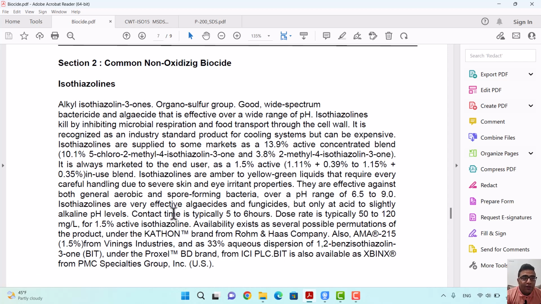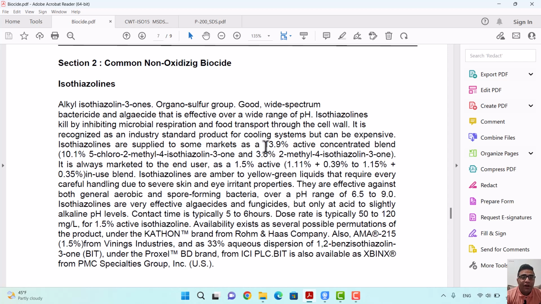So before going to the next non-oxidizing biocide, I want to wrap it up and summarize it, and do a calculation of the monthly consumption of isothiazolines. It is an alkyl isothiazoline 3-one organosulfur group, and it is active against algae and bacteria.